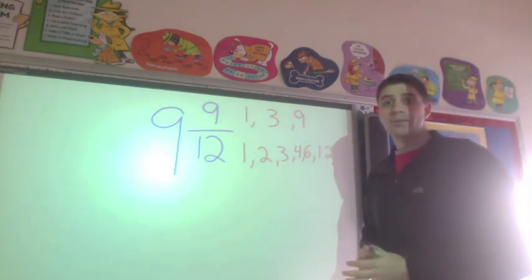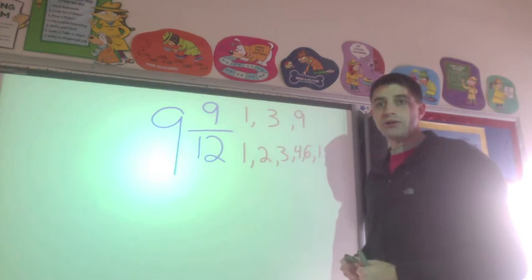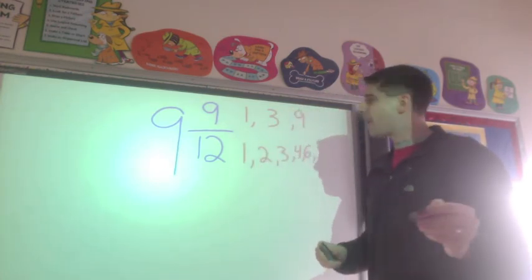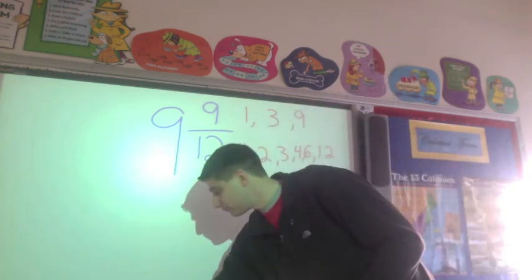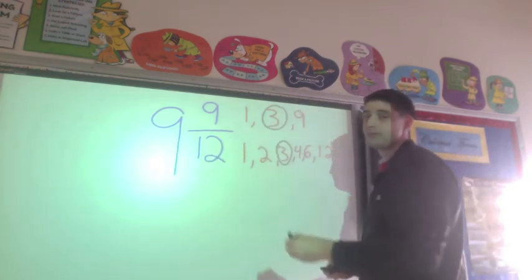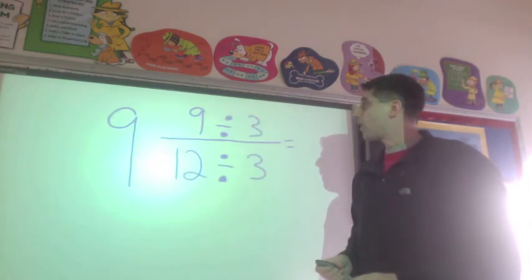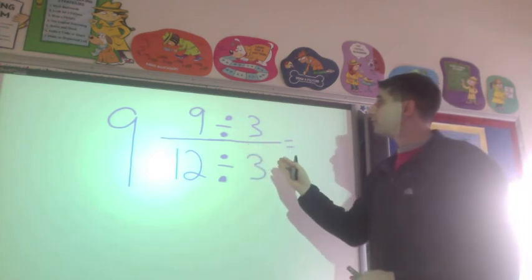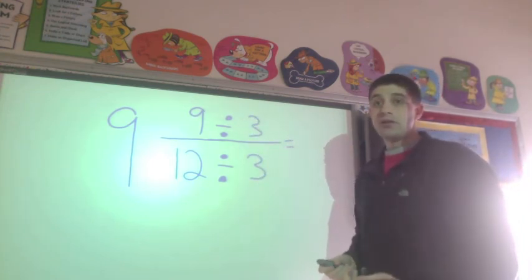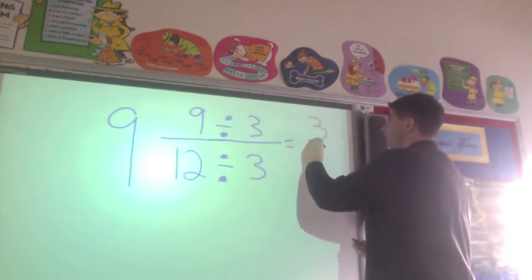So now I'm going to compare my factors for 9 and my factors for 12 and see if I can find the greatest one. And I have found the greatest one, and it is 3. So now, just as a little refresher, I go to the next slide, and I'm going to divide my numerator and my denominator by 3. 9 divided by 3, well, is 3.